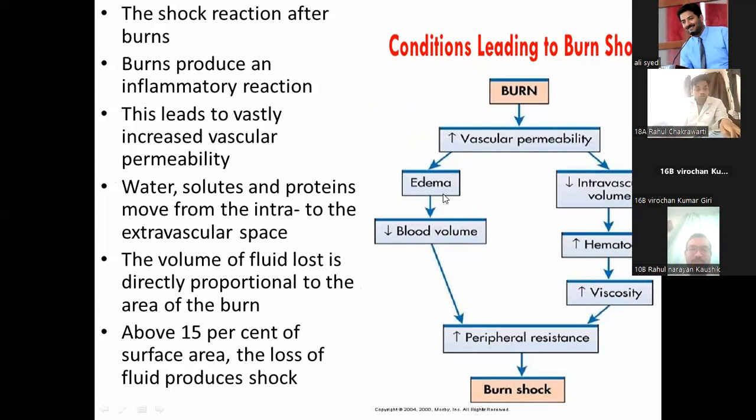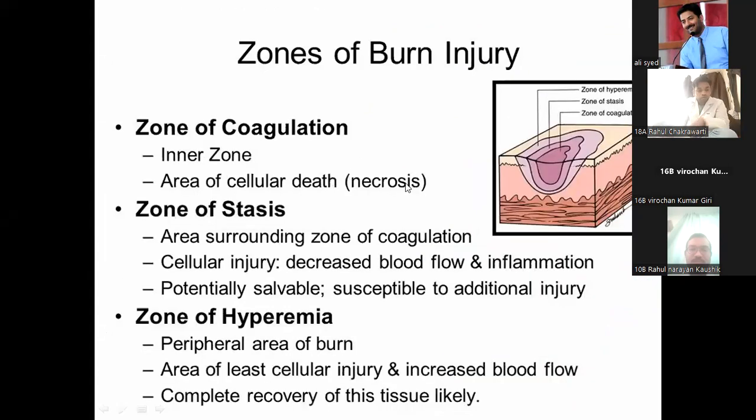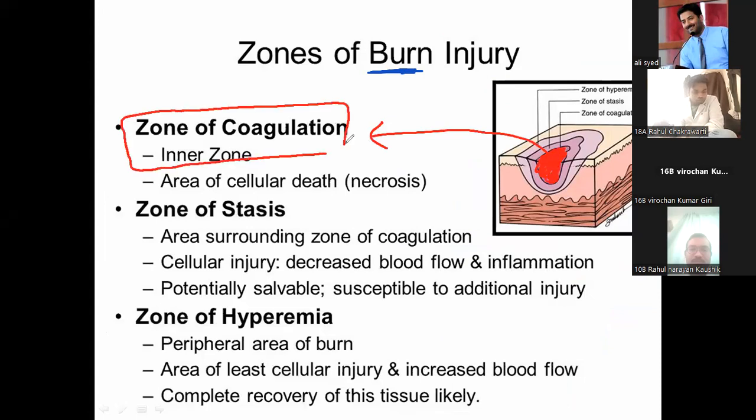Okay, now coming to the zones of burn injury. Very, very important. So whenever an area of the patient is burned, listen very carefully. This area, the most inner area, which I am highlighting in red color, is the zone of coagulation. This is the most inner zone of burn injury, and in this inner zone there is coagulative necrosis.